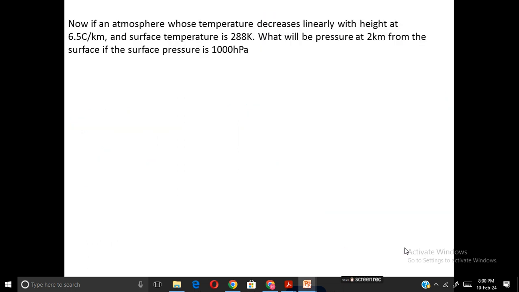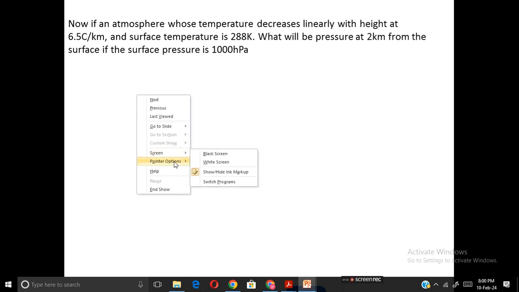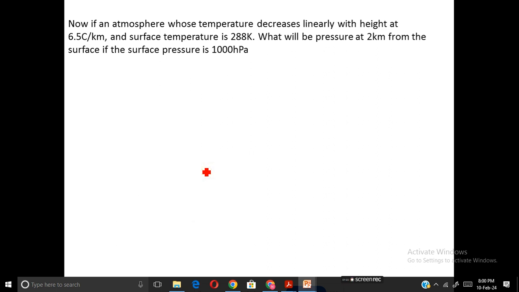So as I said in the earlier case, we know that the equation that we have been using, that is P is equal to P0 e raised to minus Z by H, was derived based on the assumption that we are having an isothermal atmosphere.